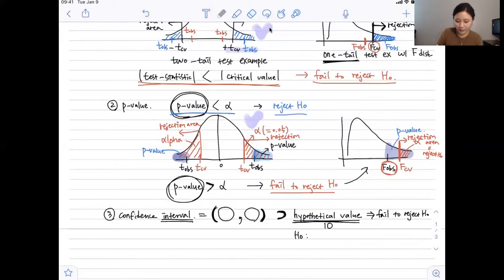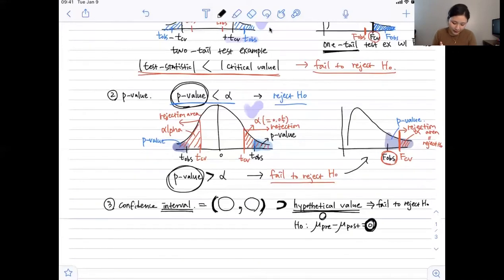Or, for example, if my null hypothesis is mu of pre-test minus mu of post-test is 0, this is my hypothetical value, so we need to check whether 0 lies between the lower bound and upper bound.